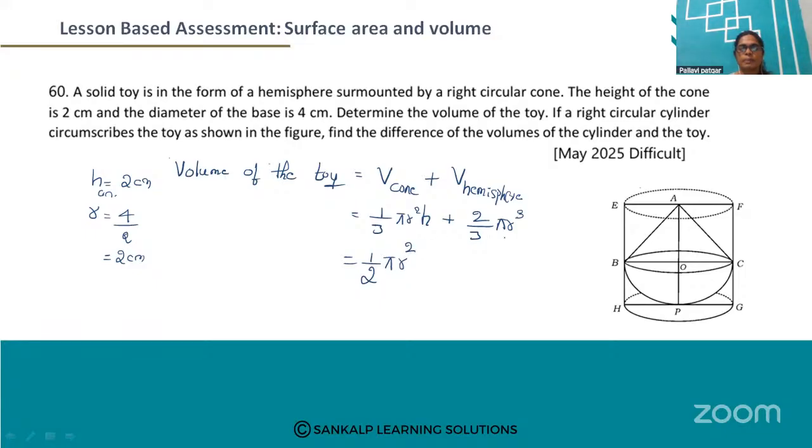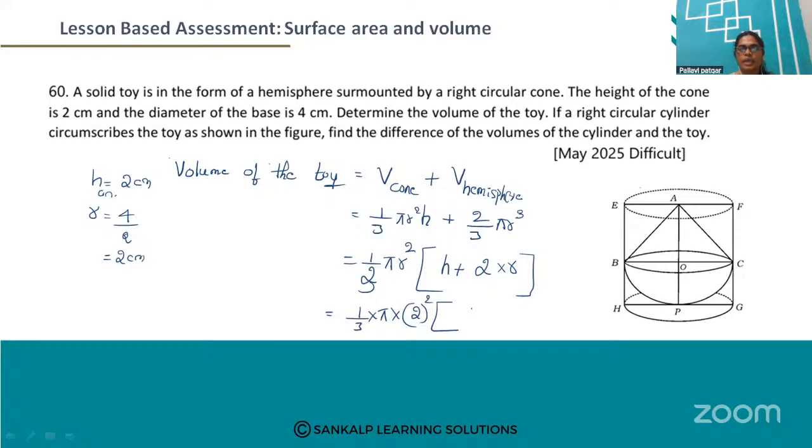Pi r square is common. So remains h plus 2r, is equal to 1/3 into pi into r, the radius, into h.